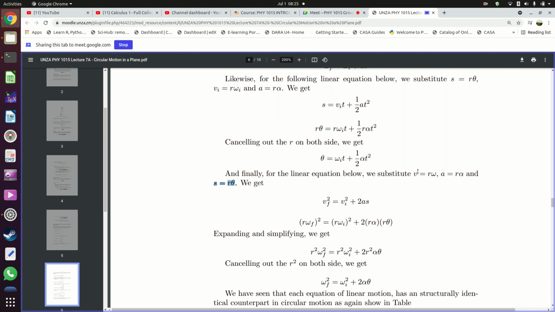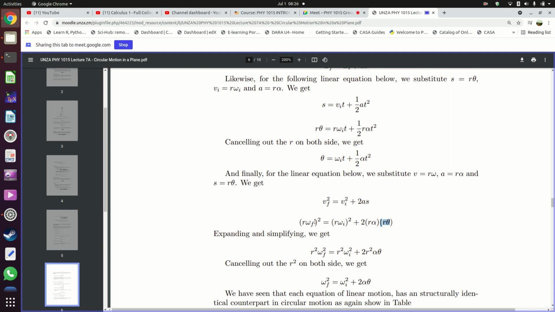So when we substitute for v with r omega, we end up with r omega f squared equals r omega i squared plus 2, then alpha, and for the acceleration we replace it with r alpha. Then for s, you replace it with r theta.